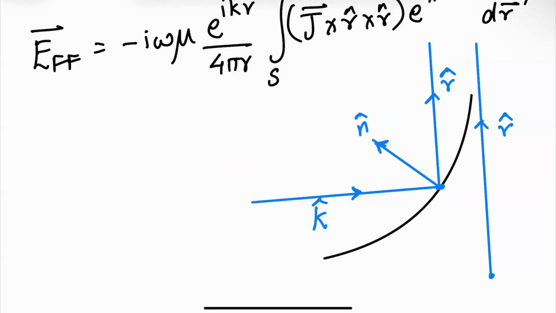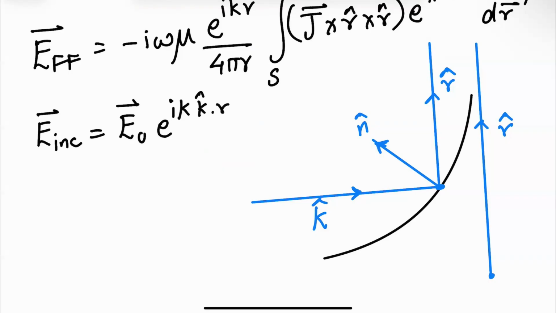So for a plane wave, the E incident, which we'll see in the next lecture when we do plane waves, is some E naught, a constant vector, times e to the i k hat dot r prime. Yeah, we'll see that later, but that's the definition of a plane wave in terms of the electric field at least.